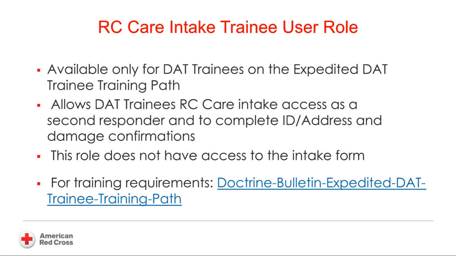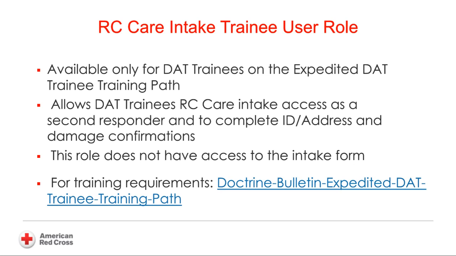It's one where you're learning the ropes, you're learning your job, and certainly you're encouraged, while you have 6 months to complete all the training requirements, to do it more quickly. We would hope and expect that folks would want to do it in maybe 3 months instead. There is a doctrine bulletin that covers this expedited DAT trainee training path and gives more information.